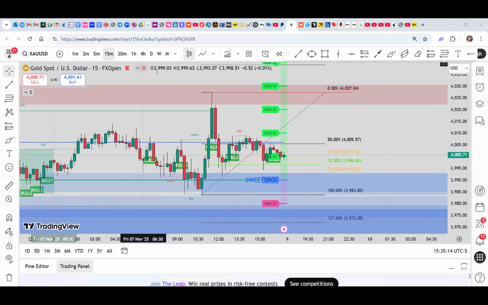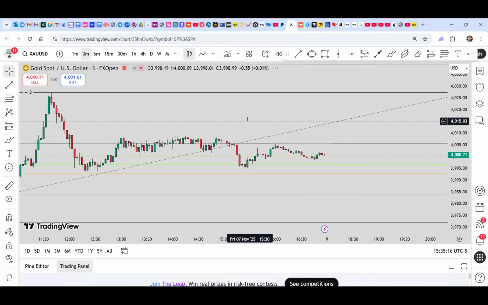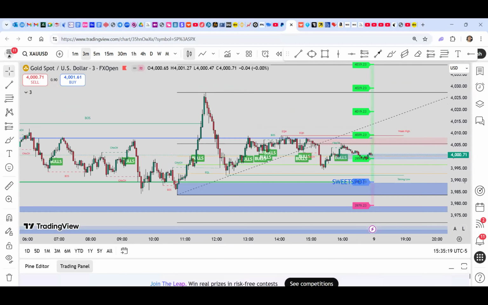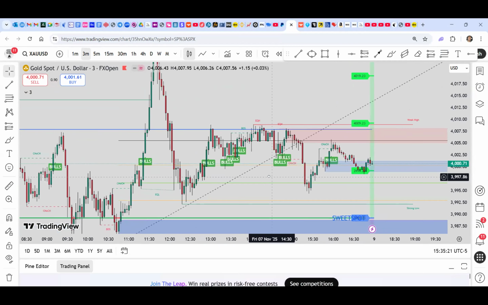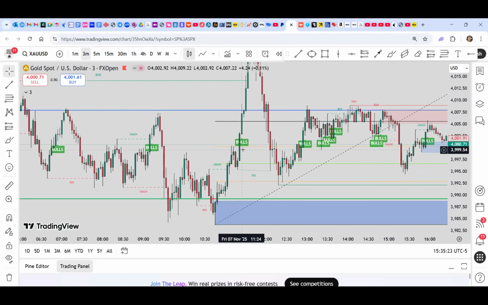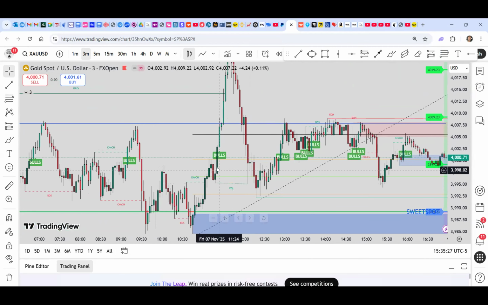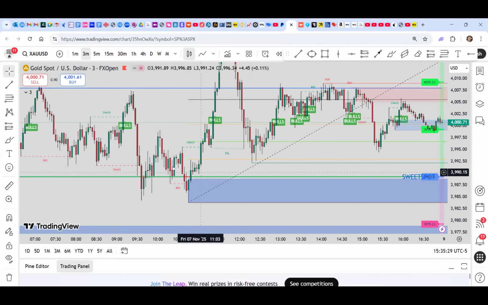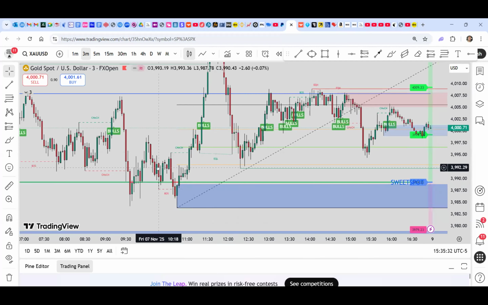So once I saw this, I first start on the 3-minute time frame, and I got a bull's indication right here inside of my Fibonacci zone, coming out of the demand zone on the 50-minute.